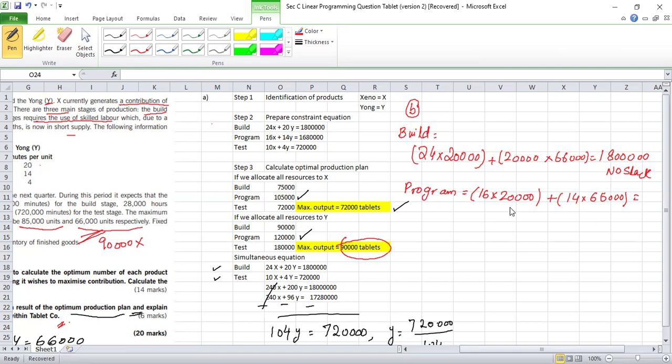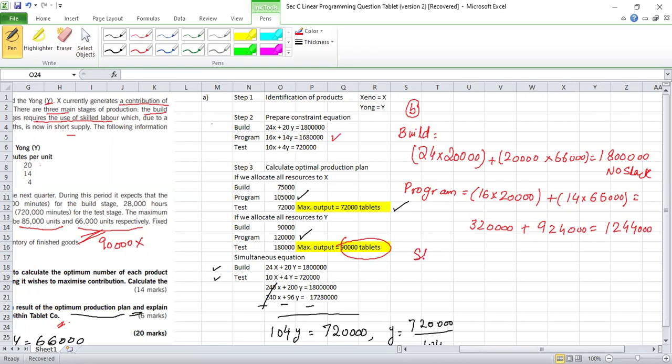So 20,000 into 16, it is 320,000 plus 14 into 66,000, it is 924,000. So we have 1,244,000 utilization out of 1,680,000.